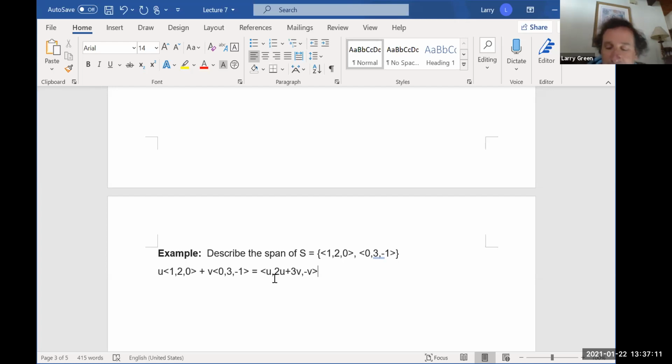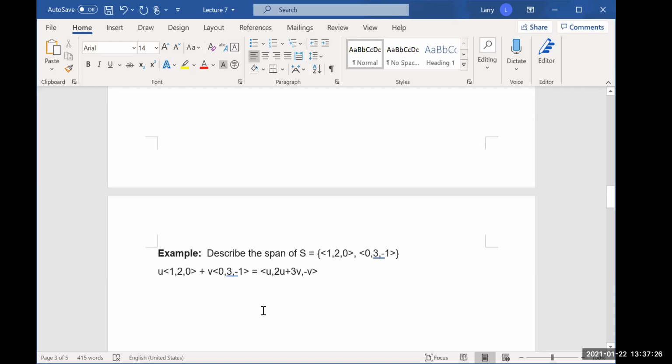Now, looking at it like that may not ring a big bell. So instead, I'm going to think about it a little differently, and look at it component by component. So typically, what letter do you use for the first component of a point? X. You typically use x.